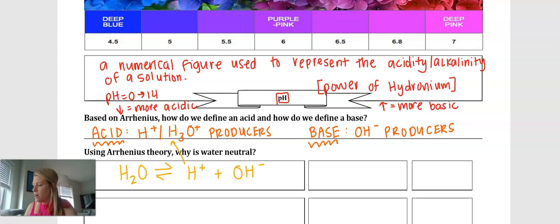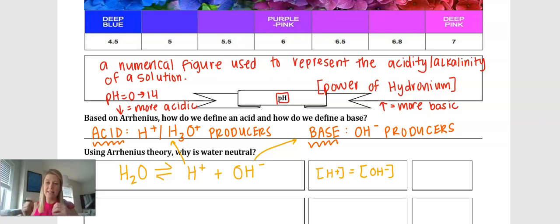So note that we have our H plus ions from our acid and our OH minus ions from our bases, and notice that we have equal parts H plus and equal parts OH minus. Our water is neutral because we have equal concentrations of H plus ions and OH minus ions.